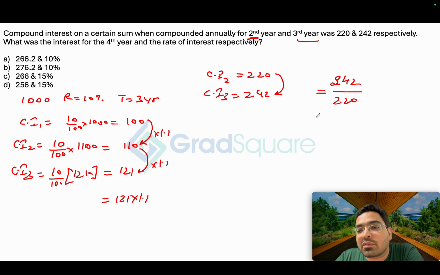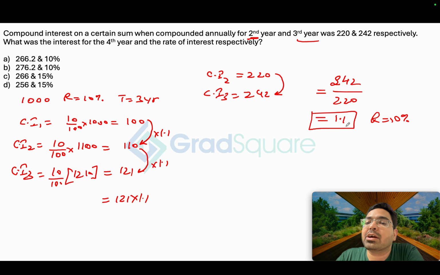So if you solve this, you are going to find that this will turn out to be 1.1. If this turns out to be 1.1, then the rate of interest is turning out to be 10%. Because if it was 1.2, then the rate of interest was 20%. If it was 1.15, then the rate of interest was what? 15%. So in this particular case, the rate of interest is turning out to be 10%. So we are certain that my interest rate for this particular question should be 10%.